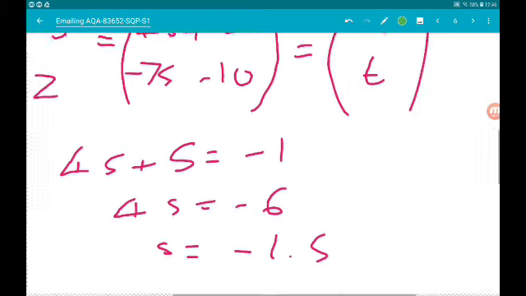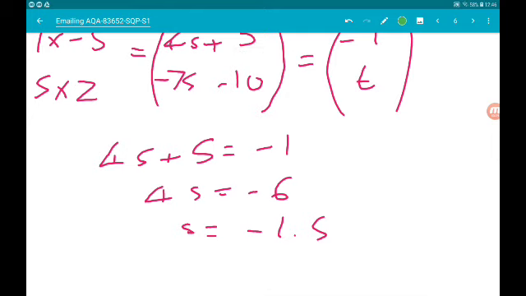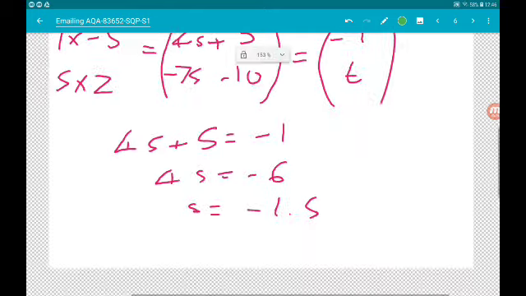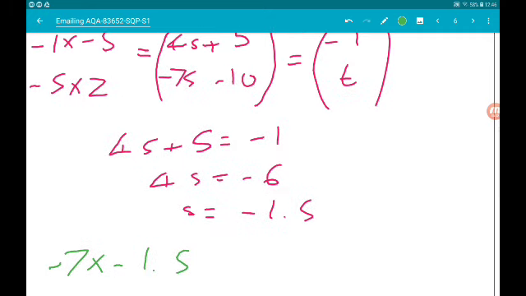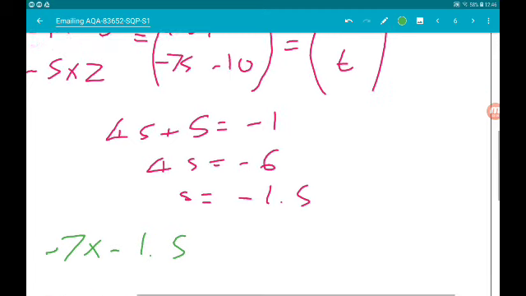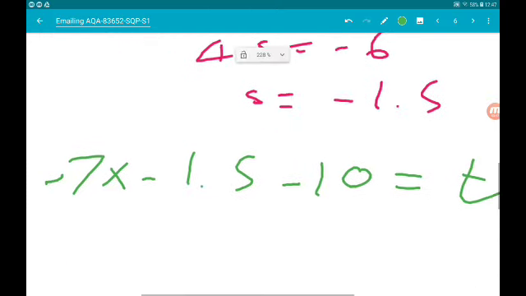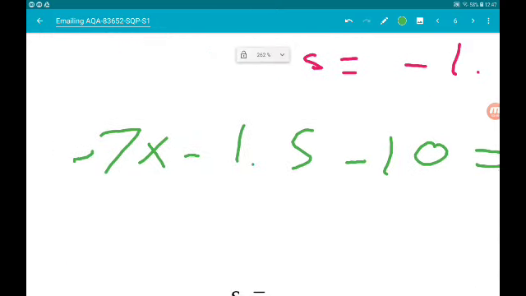Okay, so now we can work out the value of t. So we know that minus 7s, so minus 7 times minus 1.5, minus 10 is equal to t. Now, minus 7 times minus 1.5 is positive 10.5.